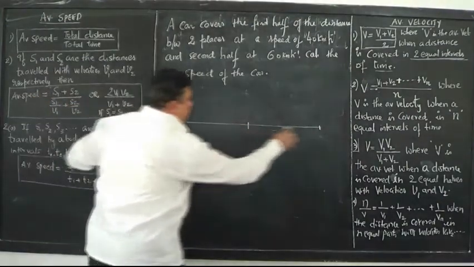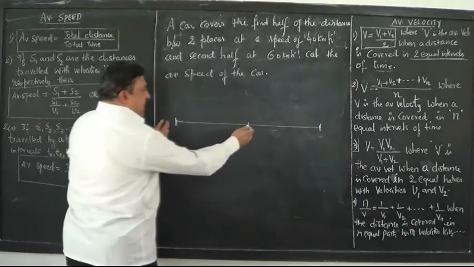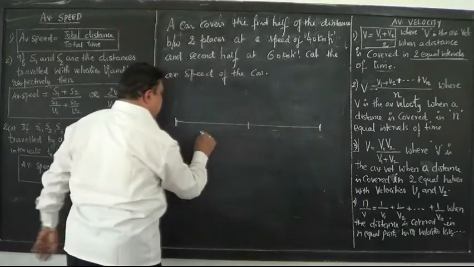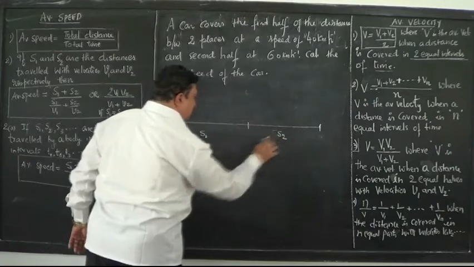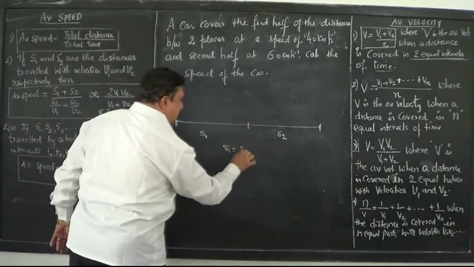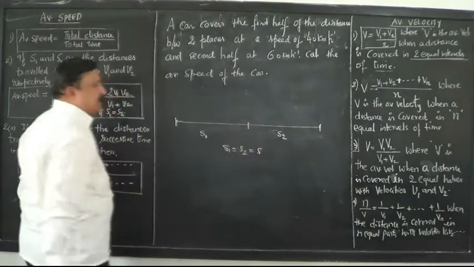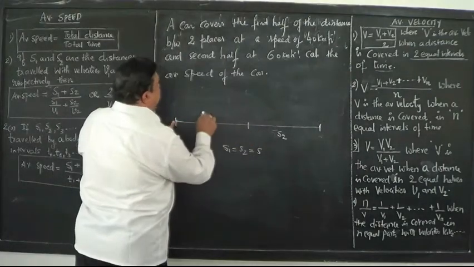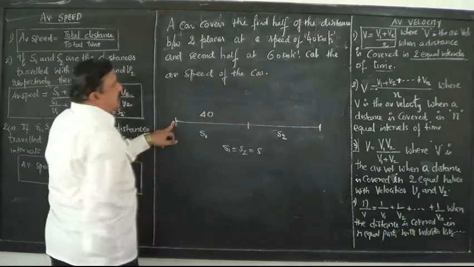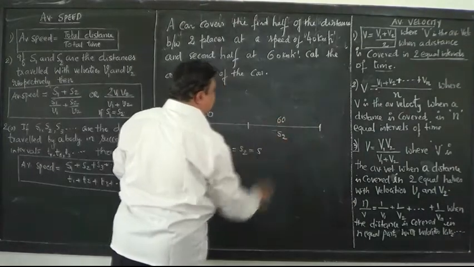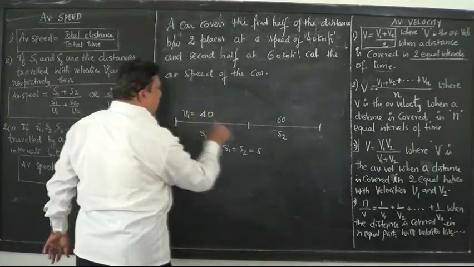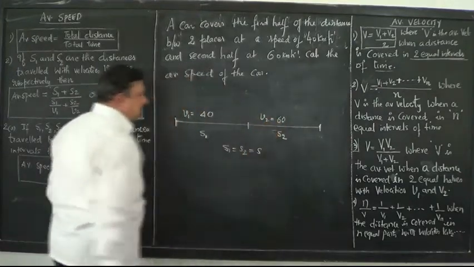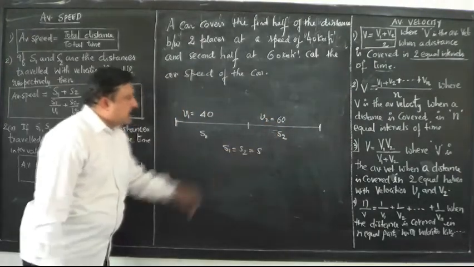So the entire stretch is divided into two equal halves, S1 and S2, where S1 equals S2 equals S. The first part is covered with a speed of 40 kilometers per hour and the second with 60. So V1 equals 40 and V2 equals 60.